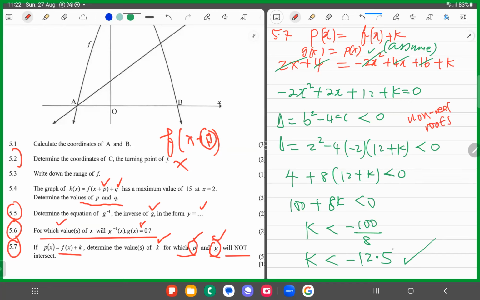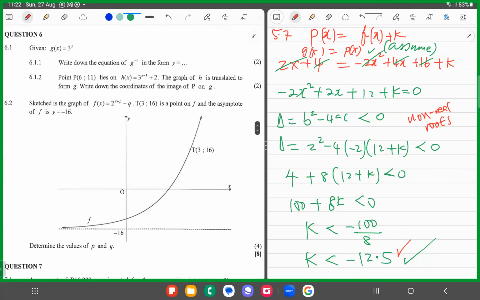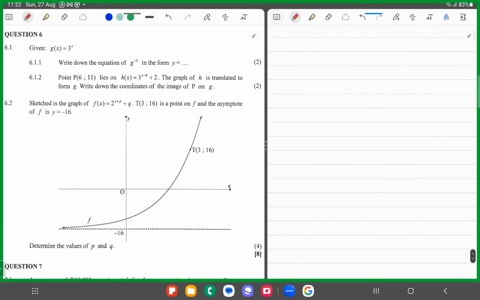So therefore the result is going to be minus 12.5. We continue. The next question is the exponential function. Question 6.